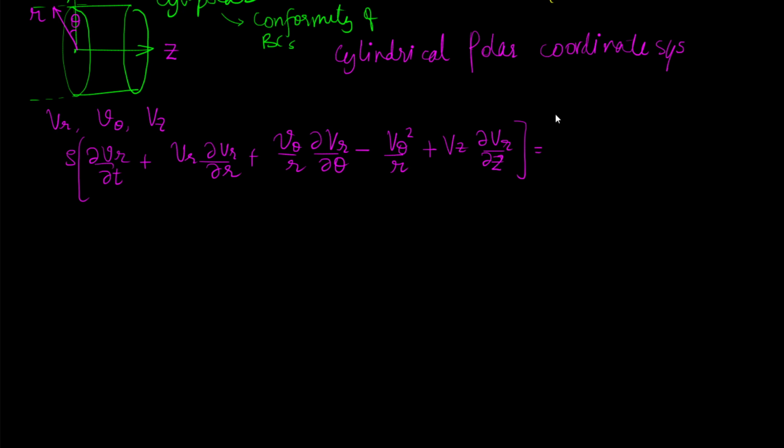and this will be equal to minus del p del r, that is the pressure gradient, plus the viscous terms. The viscous terms are basically the Laplacian of the velocity.